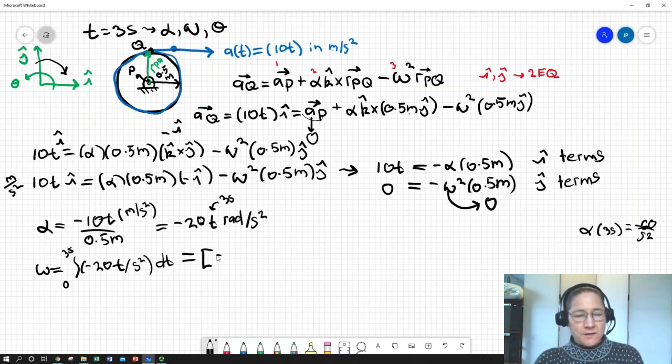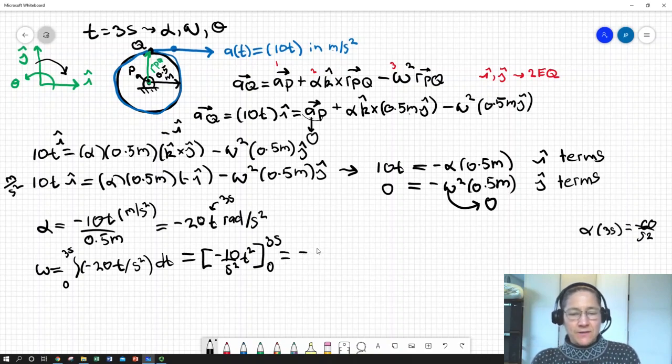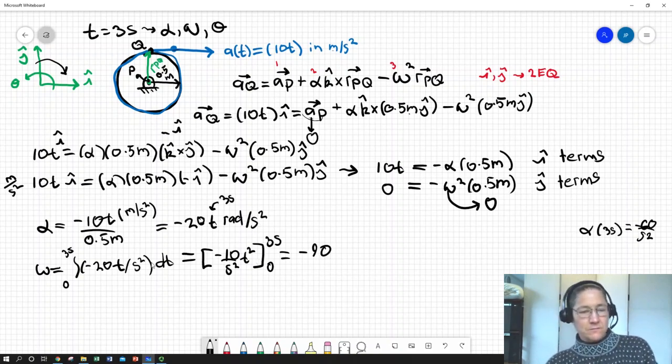And so we'll get negative 10 radians per second squared t squared from 0 to 3 seconds. 0 will give us 0, and so we'll end up with a negative 90 radians per second. Wait a minute. Oops. We should be getting, this was a radians per second squared.